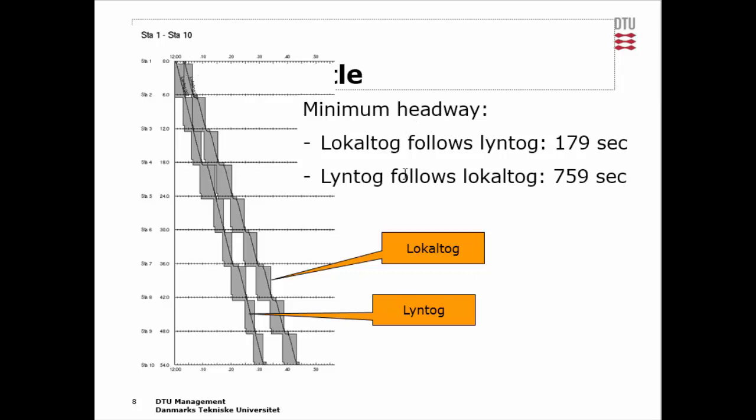And if it's the other way around, if the lyntog is following the lokaltog, it's much bigger. It's 759 seconds. So in any event, essentially 3 minutes up here and about 13 minutes down here, roughly.